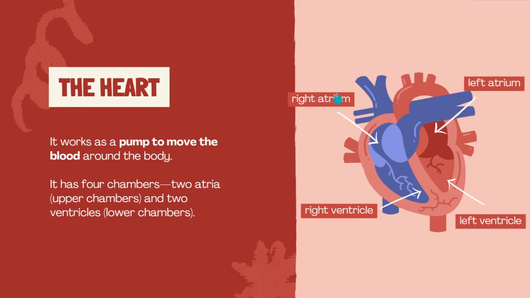So we have the right atrium and the right ventricle, painted in blue. And then we have left atrium and left ventricle, painted in red on the other side. Please note that the human heart, when presented on paper, when it is facing you, your right is its left, and its left becomes your right.